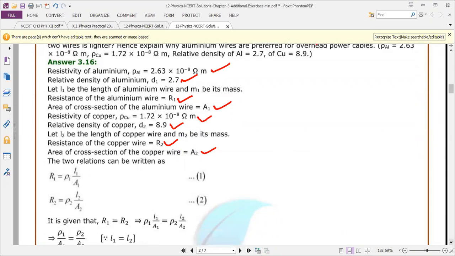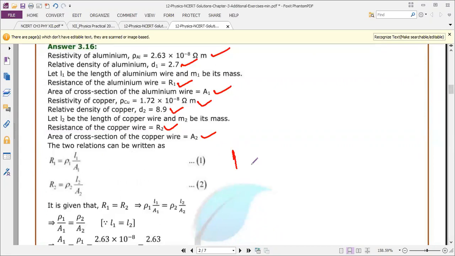The resistance formula R is equal to rho L by A. Now R1 equal to R2. So rho 1 L1 divided by A1 equals rho 2 L2 divided by A2.